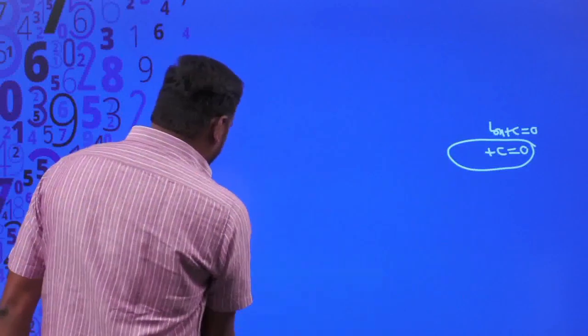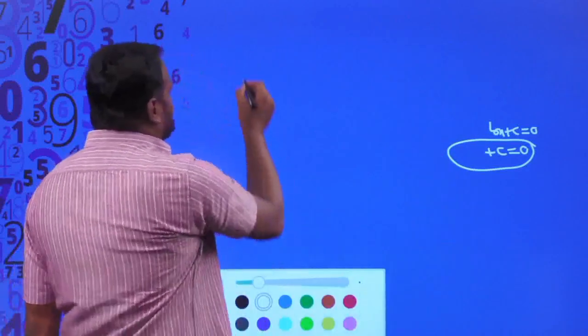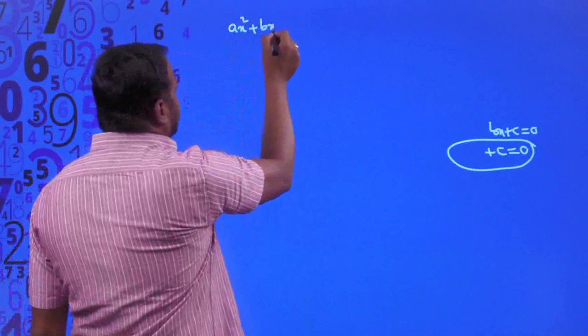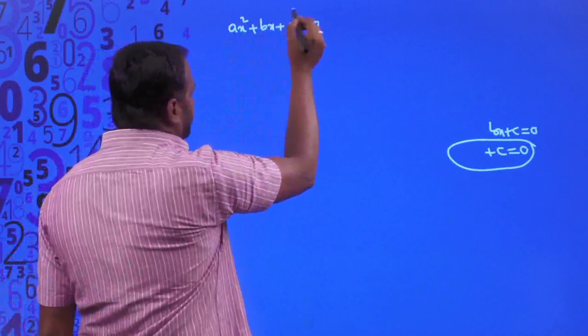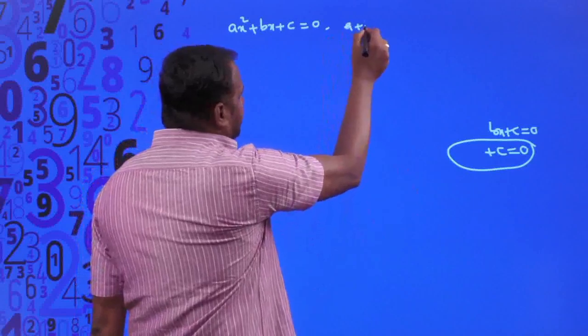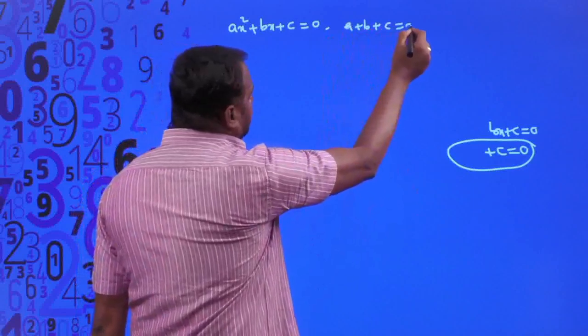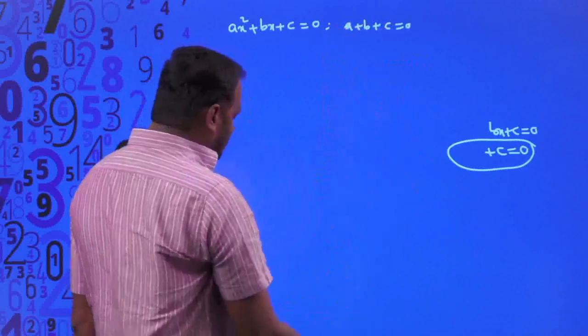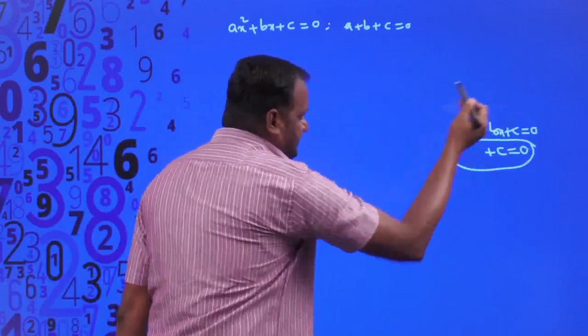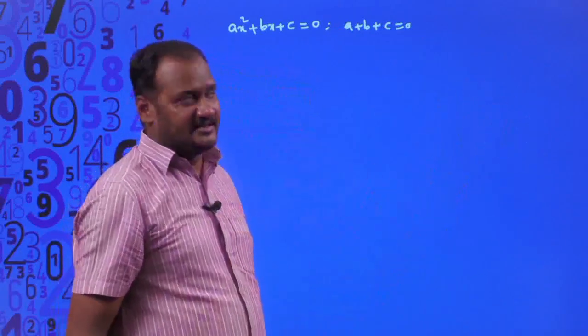So, the quadratic equation is ax square plus bx plus c is equal to 0, provided a plus b plus c is equal to 0. Only if a plus b plus c is equal to 0 will we find this strategy, otherwise we will have to find another strategy.